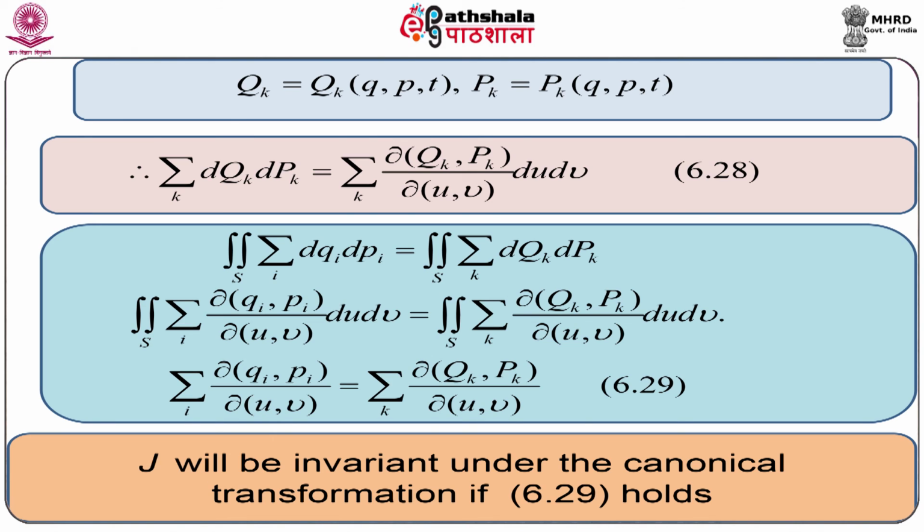We have to prove this relation. That is, we have to prove that these two surface integrals become equal. If we substitute the expression already obtained for dqi into dpi and dQk into dPk, then we get the next equation.